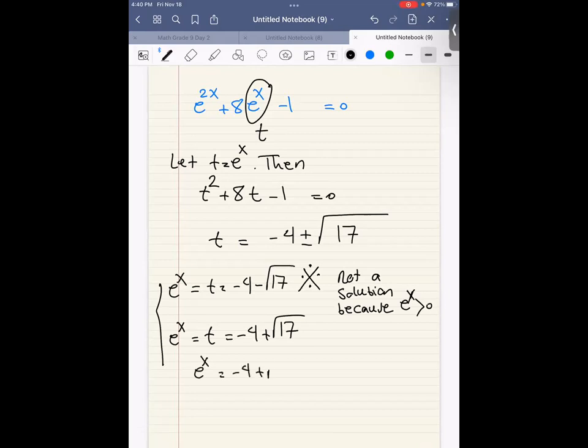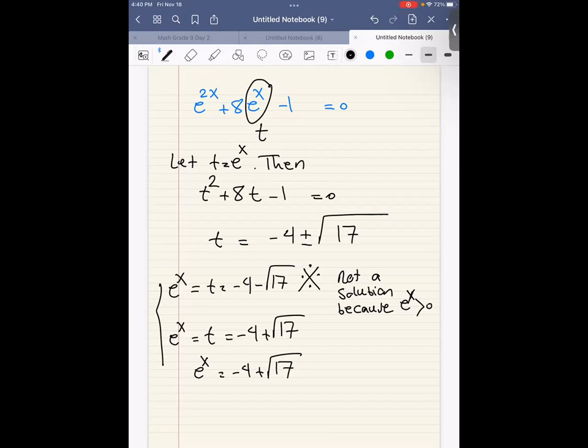Minus 4 plus root 17. And this is a positive number. Do you know why this is a positive number? Because square root of 16 is 4, and exactly, the square root of 17 is greater than 4. So perfect, it's positive.